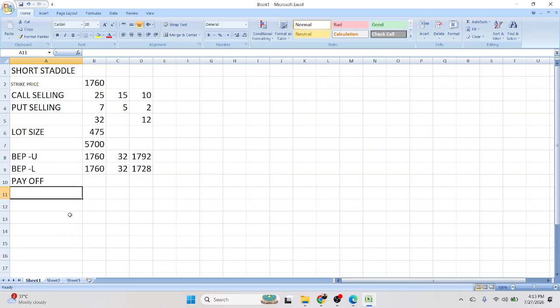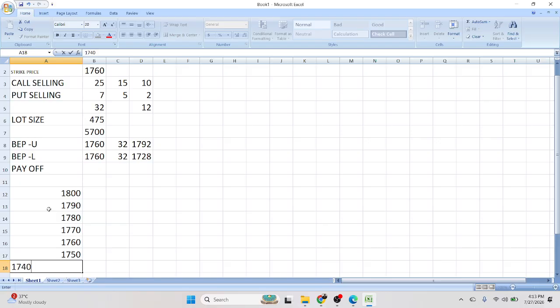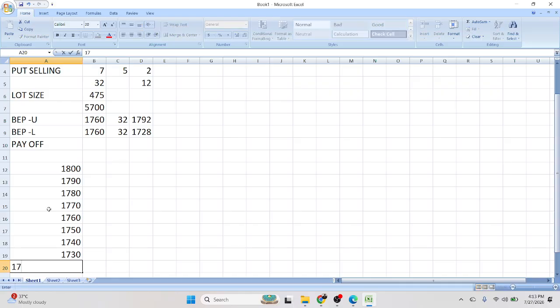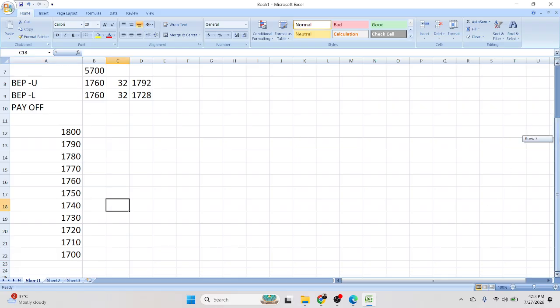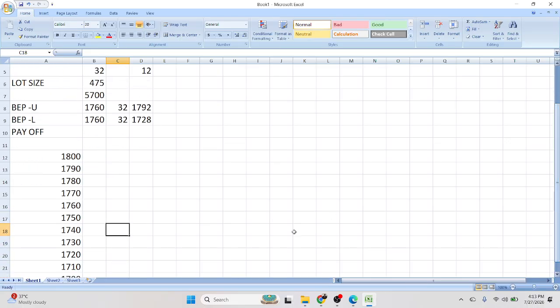Now I can make a profit and loss table. So if the market is at 1800, 1790, 1780, 1770, 1760, 1750, 1740, 1730, 1720, 1710, and we have chosen a strike price of 1760.